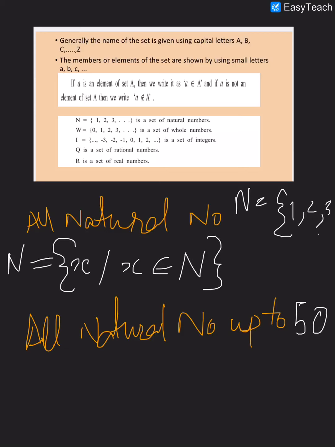So this is the set builder method, and the other one is the roster method or listing method.